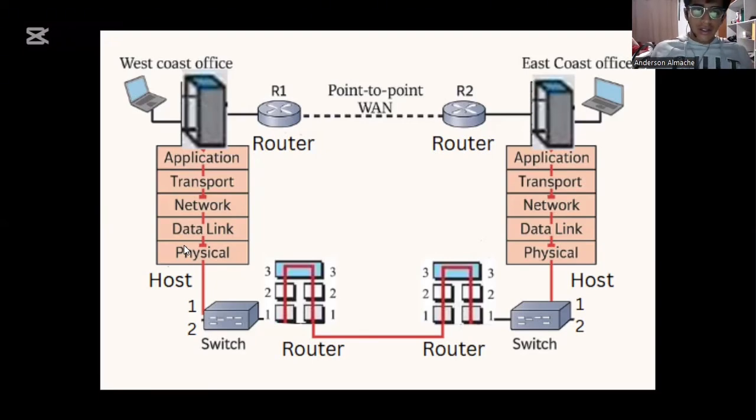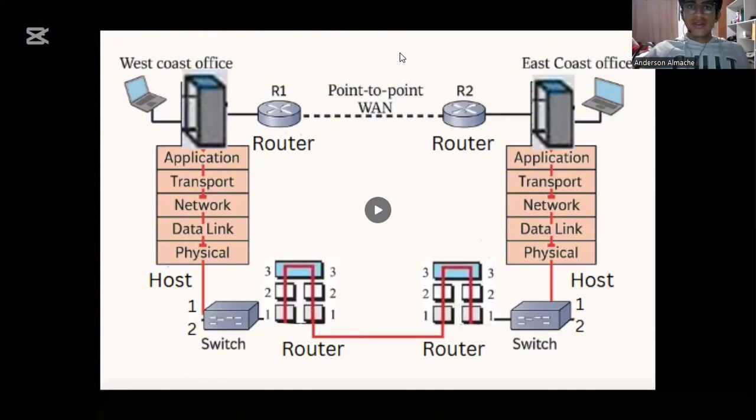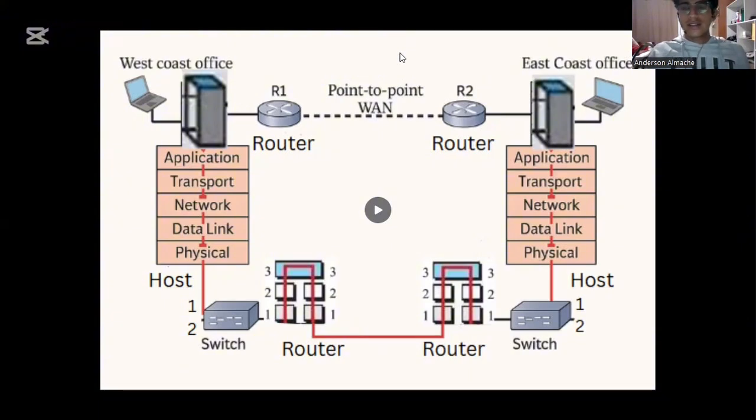The data travels through the switch, then to router R1, and is transmitted through the link to router R2 on the east coast.